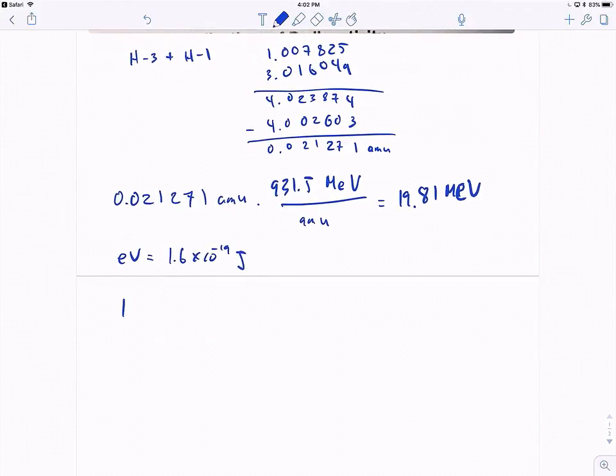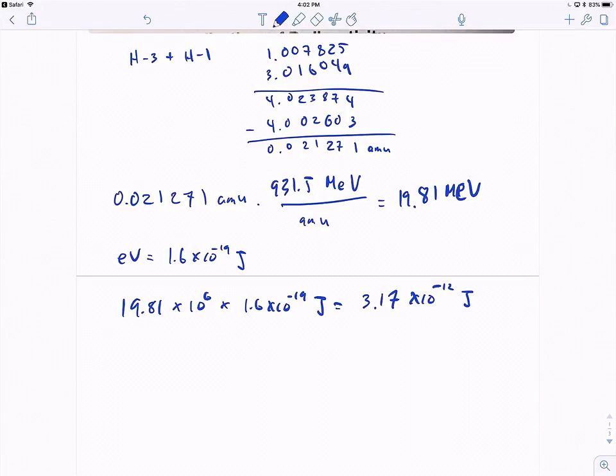So 19.81 times, mega is 10 to the 6, so 10 to the 6 times 1.6 times 10 to the minus 19 joules. And we get 3.17 times 10 to the minus 12 joules.